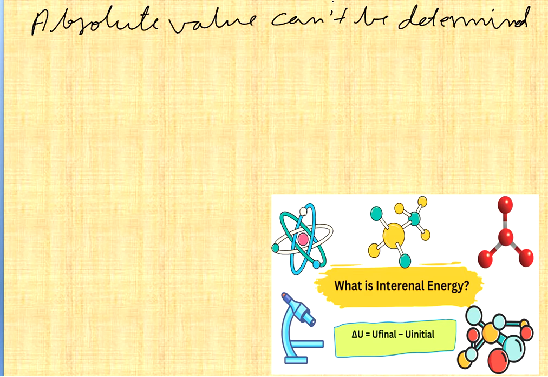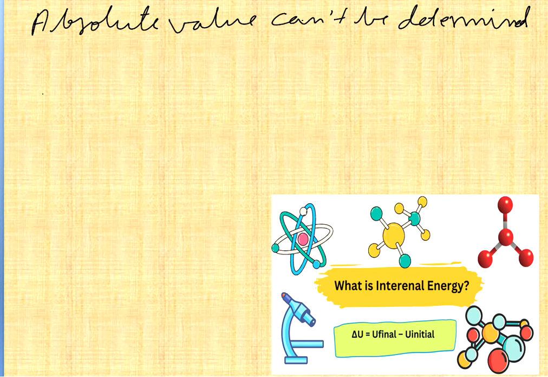Can we define the absolute value of our intelligence? No. We can only say whether we pass or fail an exam, on that basis only. That is also like internal energy. The absolute value cannot be determined.